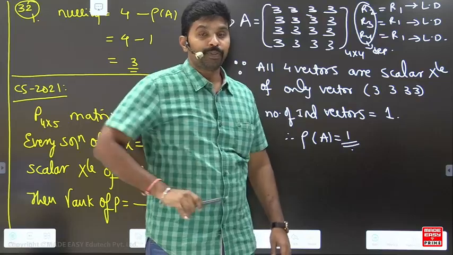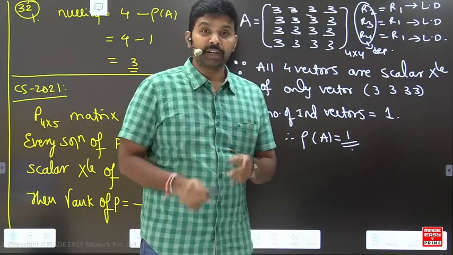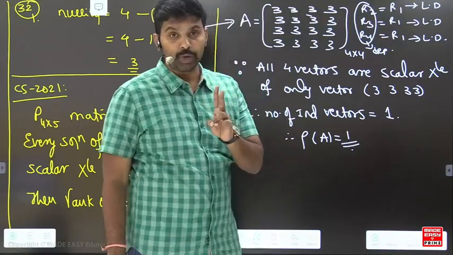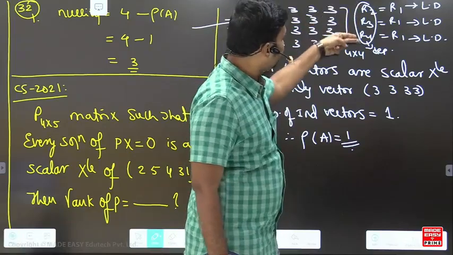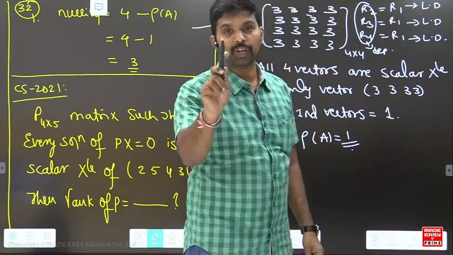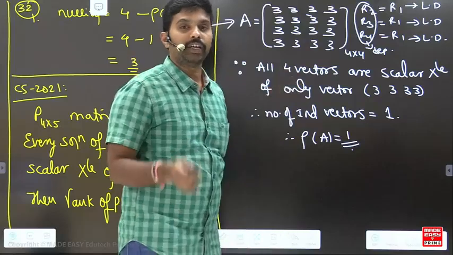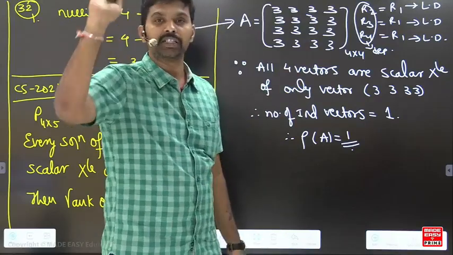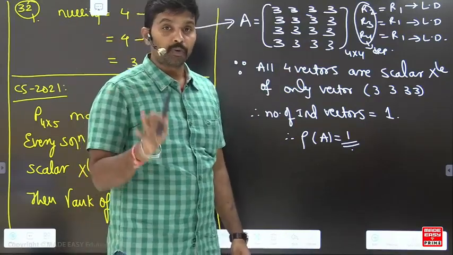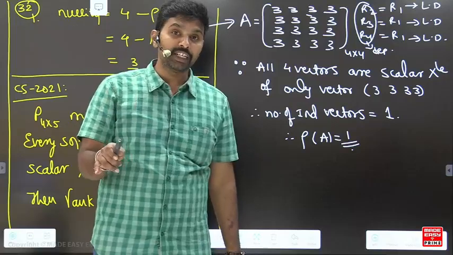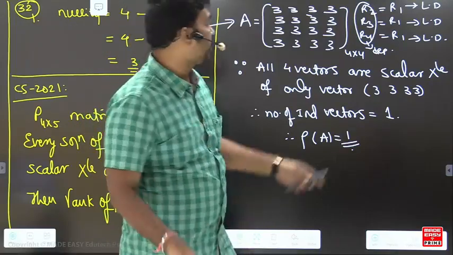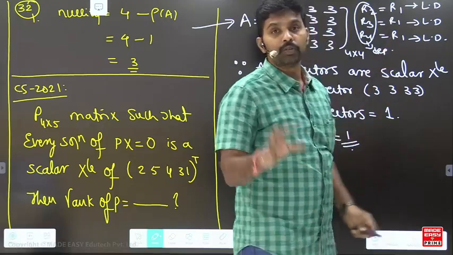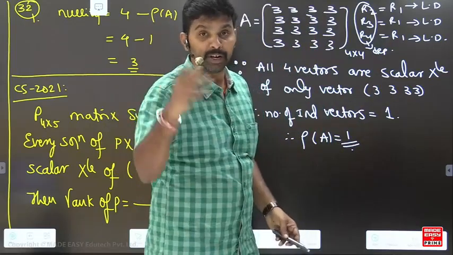To check the linear dependency, we must have at least 2 vectors. But among all the 4, already 3 are dependent, so we are left with only one vector. That one vector must be taken as independent itself. Again, to check the linear dependency, at least we must have two vectors, but here we have only one, so that itself is an independent vector.